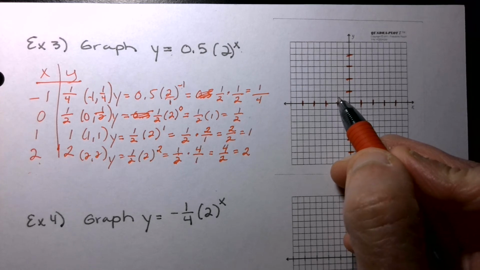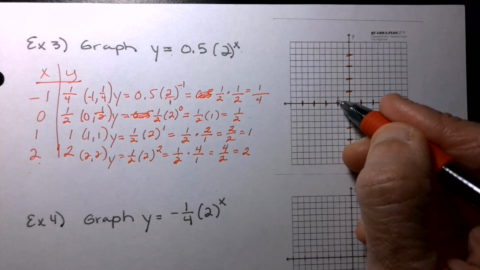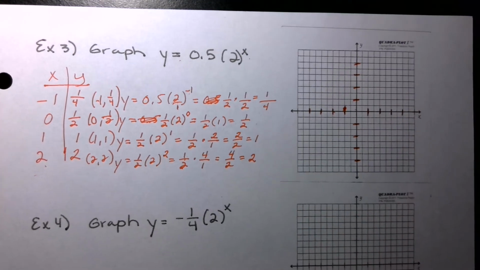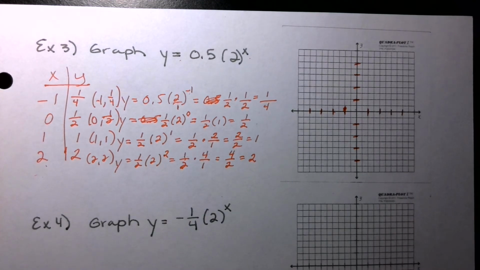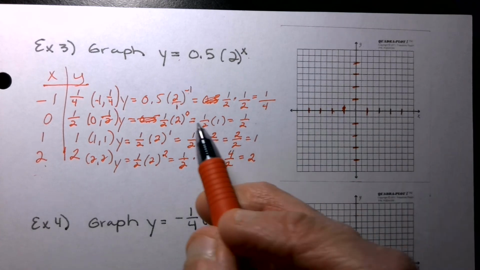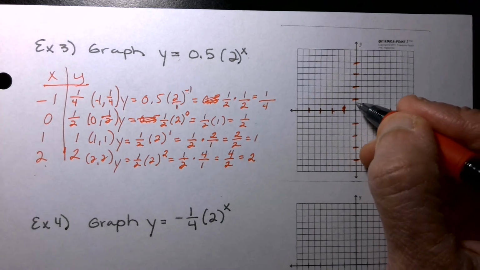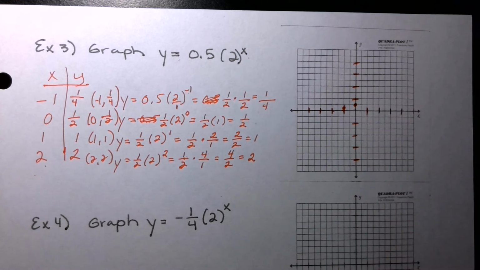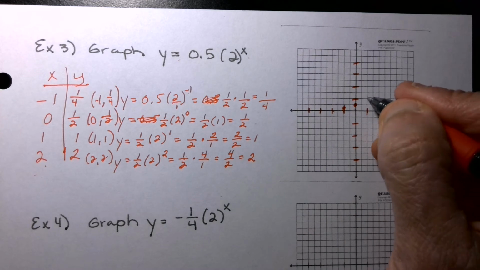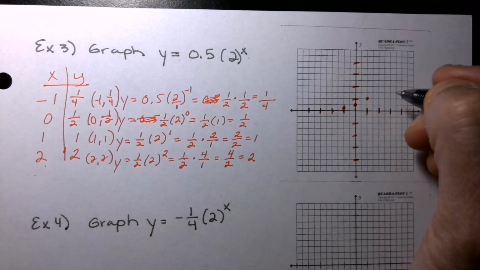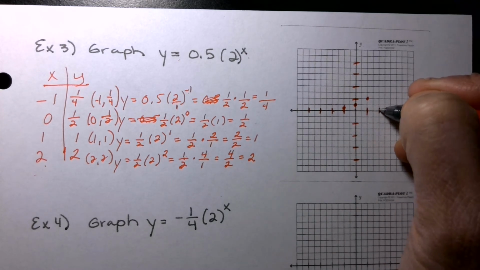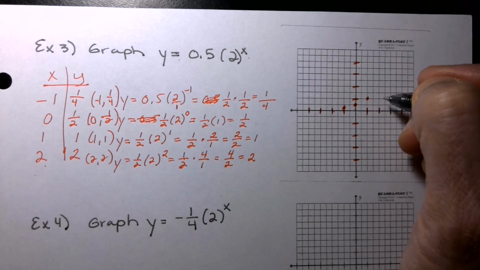Well, this is 1/2, so I'm going to go halfway up there and put a dot. They get pretty close to the line. Exponentials, as you can see by looking in your book, are curves that approach the line but never hit the line. And the next one was 0, 1/2, so 0 and up 1/2. And the next one is 1, 1. And the next one is 2, 2.